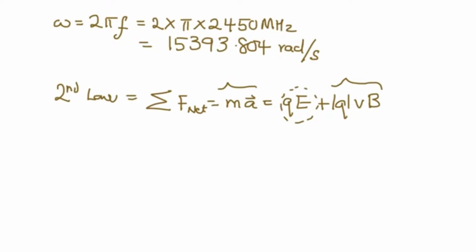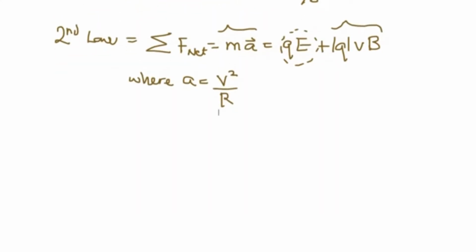In this case, since our acceleration is centripetal acceleration, because it's a circular path, we use the square of the velocity divided by the radius of the circular path.